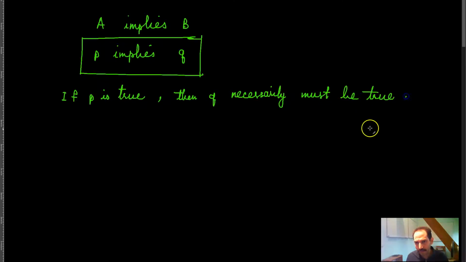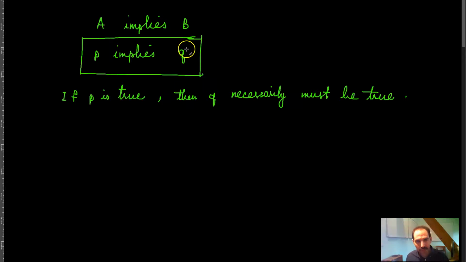What that means is that if Q is not true, then P cannot be true.